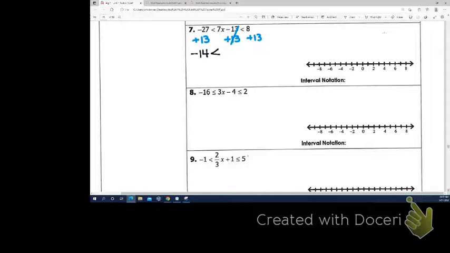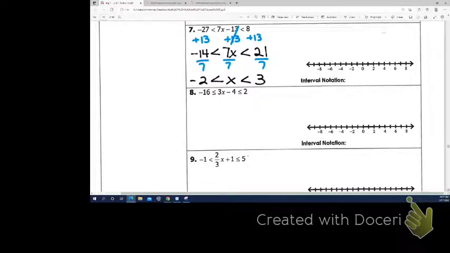Keep my less than sign. 7x now. And then 8 plus 13, 21. And now everything is going to get divided by 7 because that's what's necessary to get x by itself. So each number gets divided by the 7. So -2 is less than x, which is less than 3.